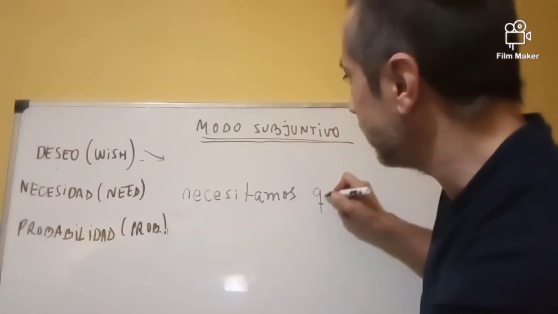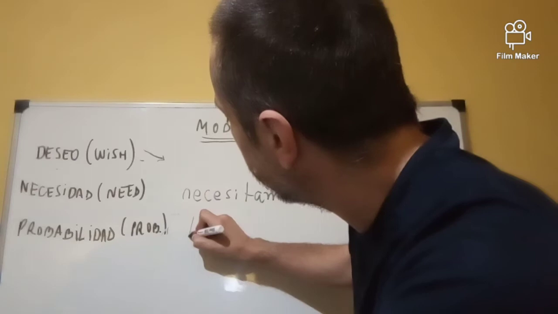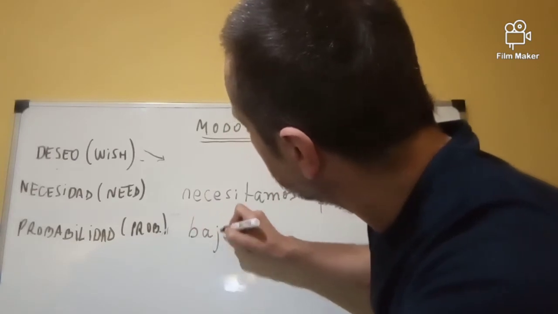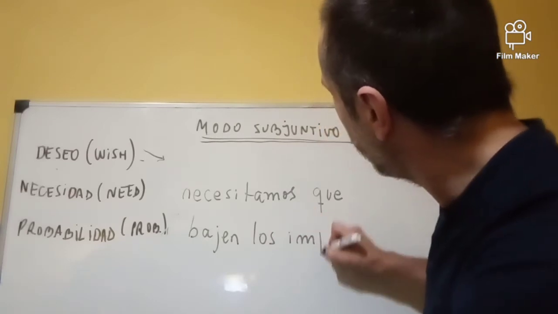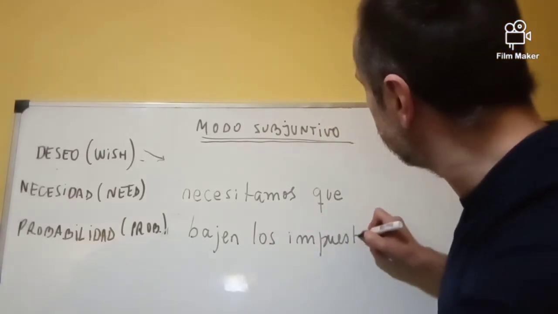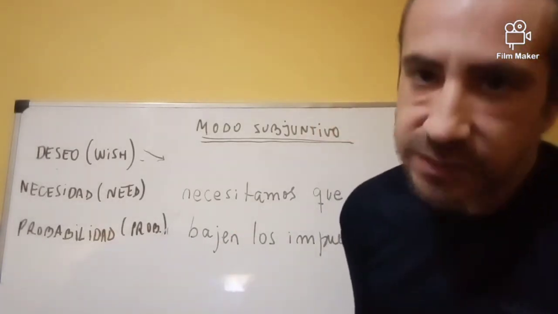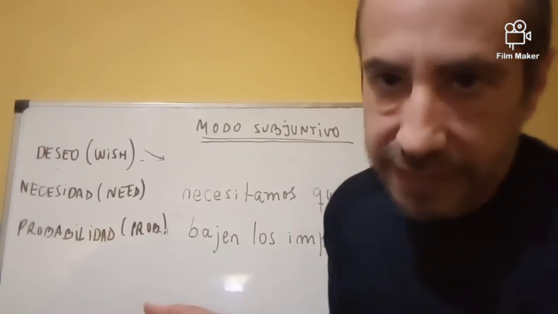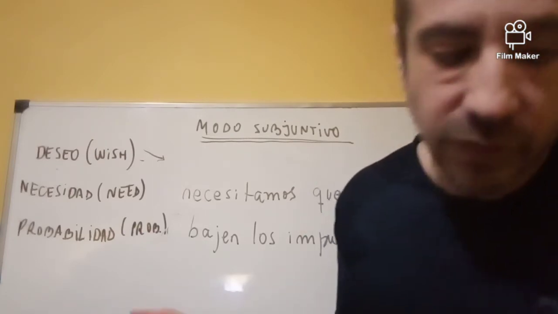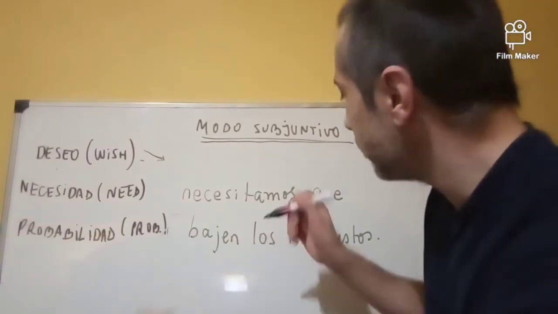Necesitamos que bajen los impuestos. It's just an example. I mean, who doesn't want taxes to go down? Everyone, of course. Necesitamos que bajen los impuestos.